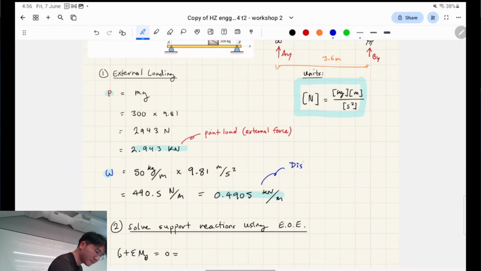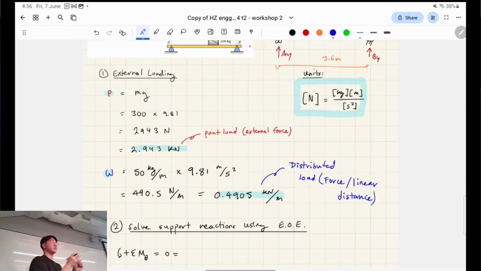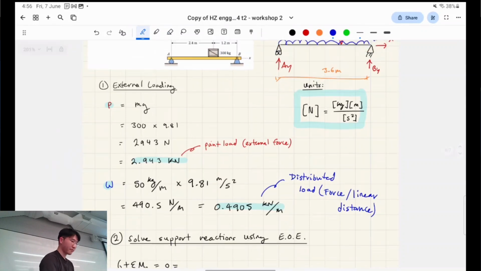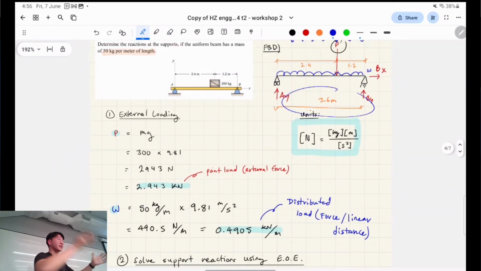It's a distributed load; in this case, it's force per linear distance. What we're going to do later, you'll see in the next step, sorry, I basically jumped ahead and jumped back, is we're going to account for the fact that it's 3.6 meters. We're going to convert it to an equivalent point load, that's what it's called. So we'll do that in the next step, you'll see.